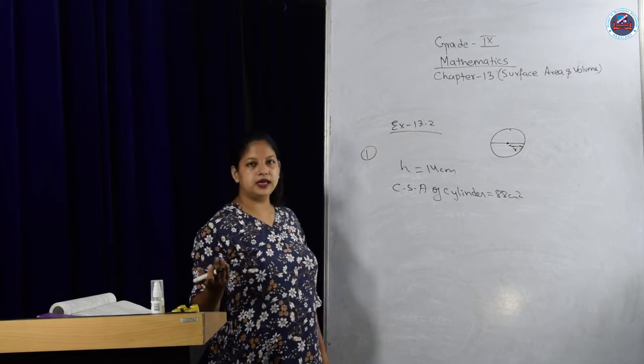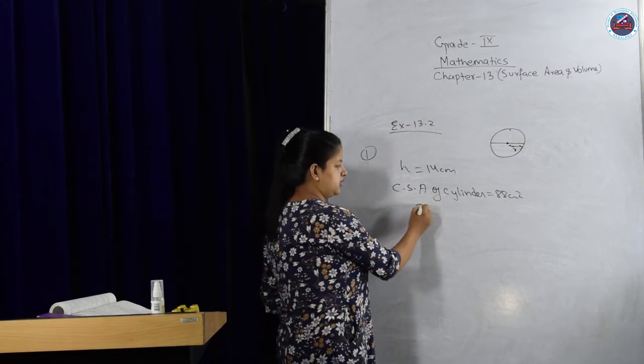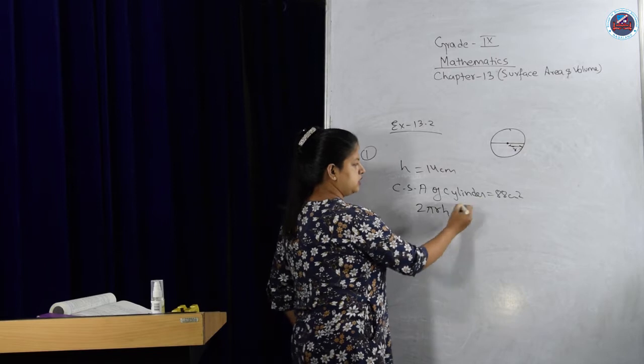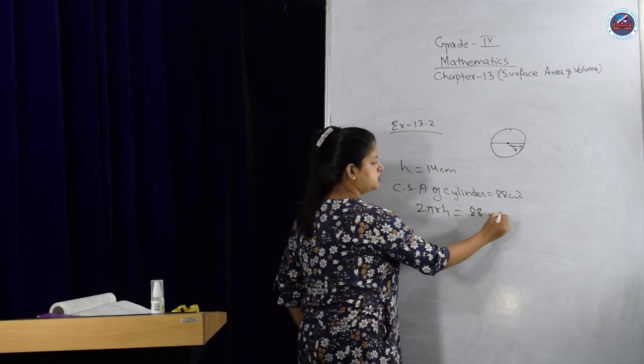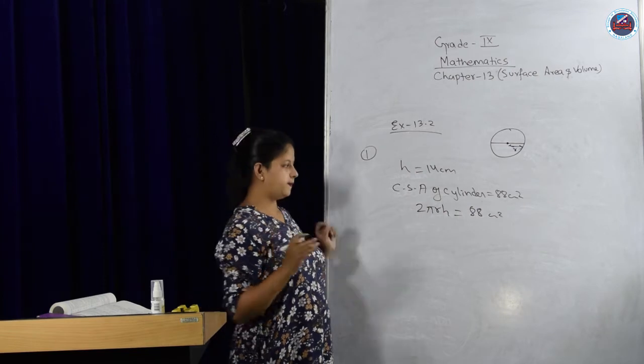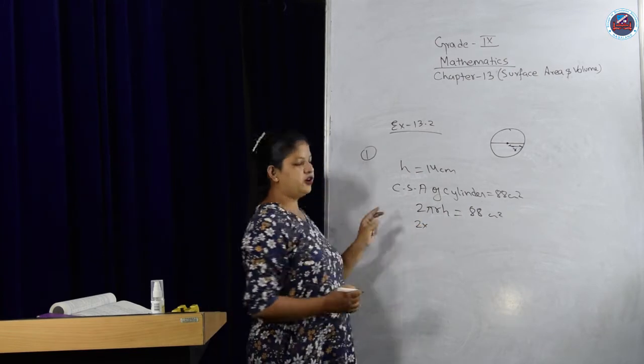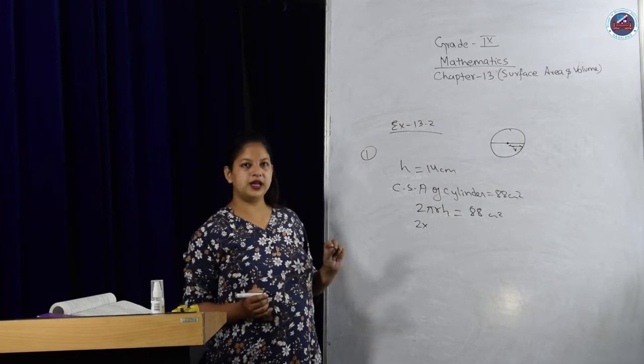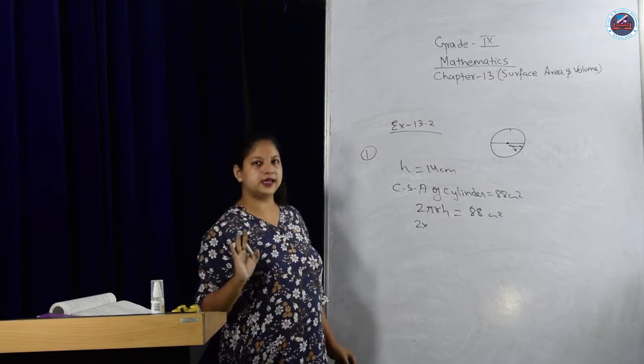2 pi RH. So in place of CSA, write 2 pi RH is equal to 88 centimeter square, because we are going to find R. Whenever pi comes up, use the value 22 by 7.